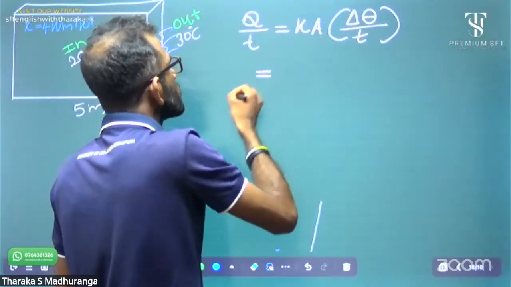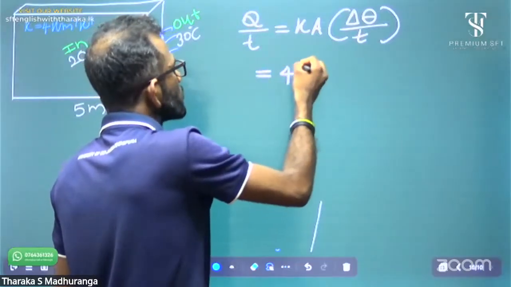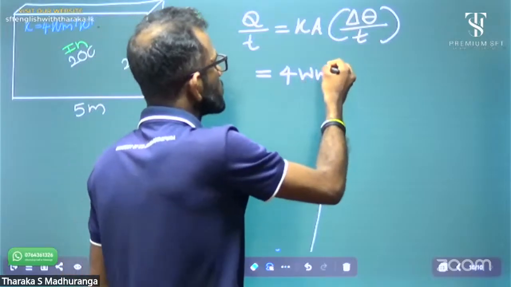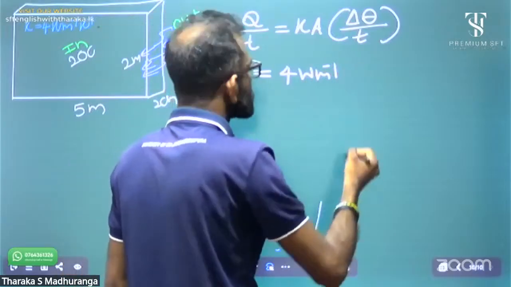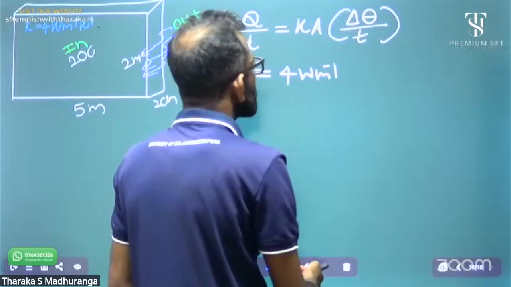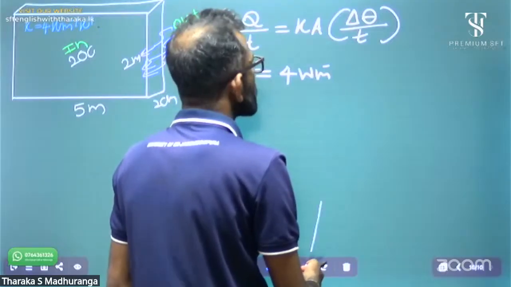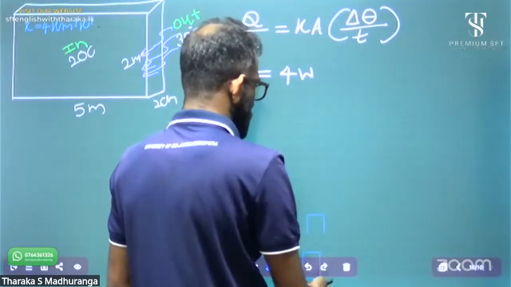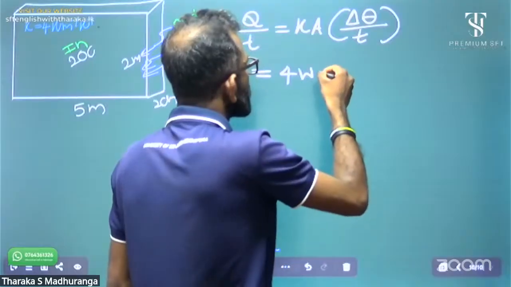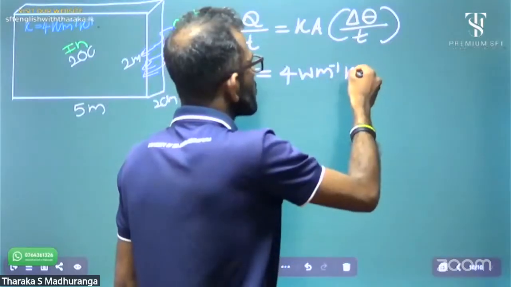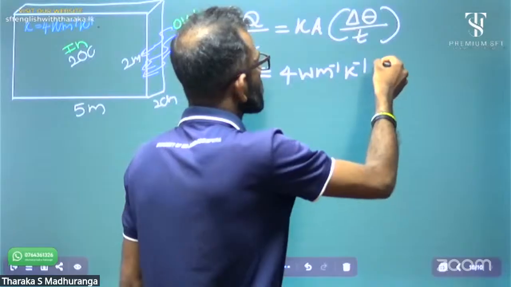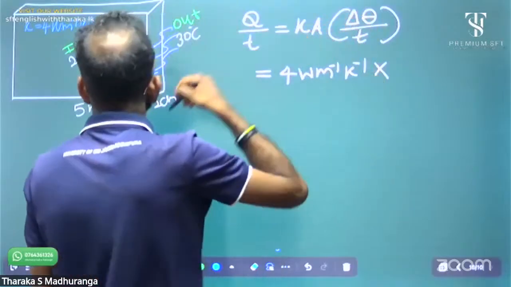The k value is given as 4 W m^-1 K^-1. What's the cross section area now?